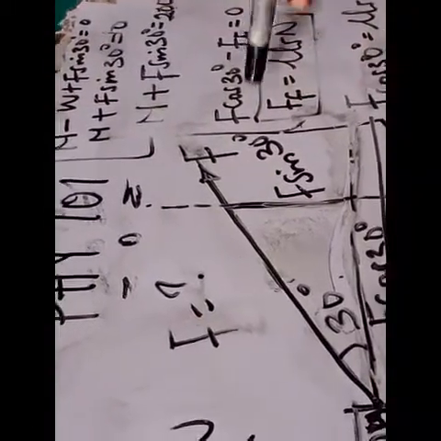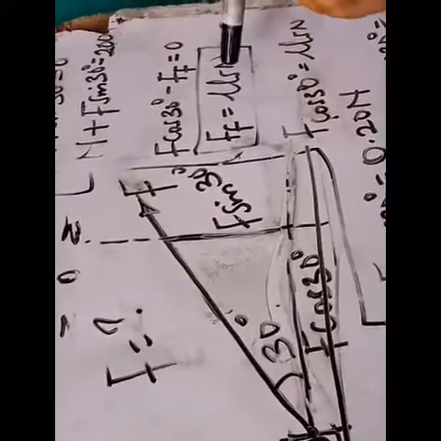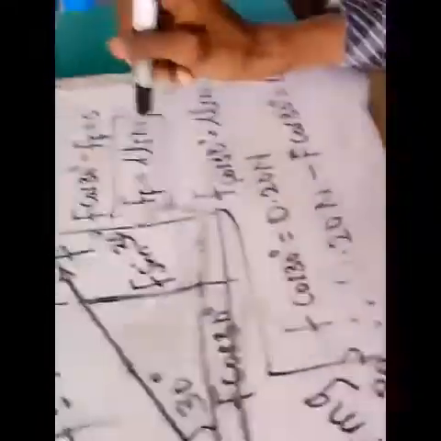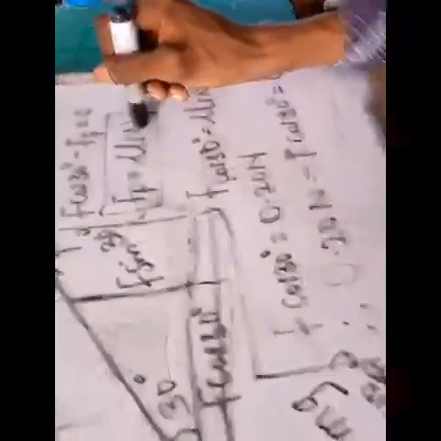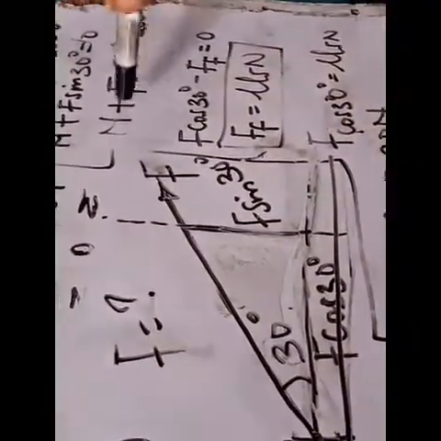So resolving the 30 degrees, F cos 30 degrees minus frictional force equals 0. Remember I said my frictional force is mu s N, that is the coefficient of static friction multiplied by my normal reaction. Here I have two variables.